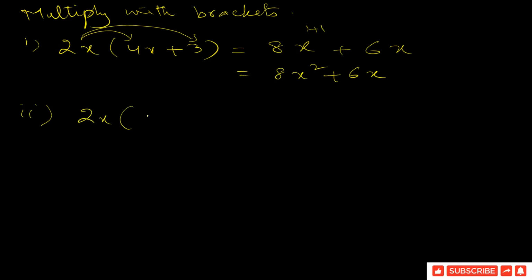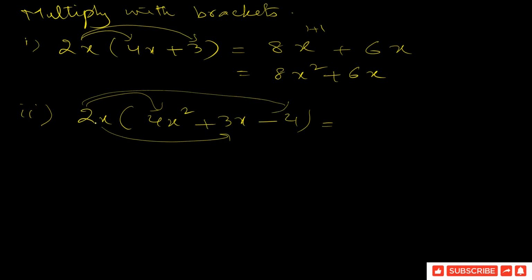Next, 2x times 4x squared plus 3x minus 4. What happens? This 2x will be multiplied with 4x squared, then with 3x, then 2x will be multiplied with 4 as well. First we multiply 4 with 2. This becomes 8. Then x, nothing here means 1, so x power 1 plus 2, x power 3.